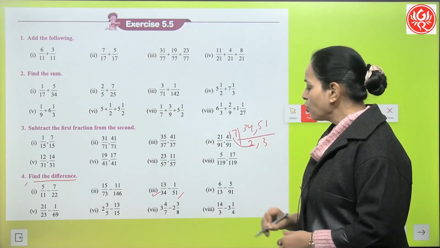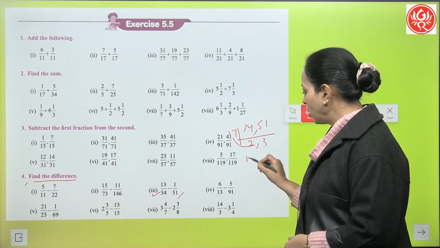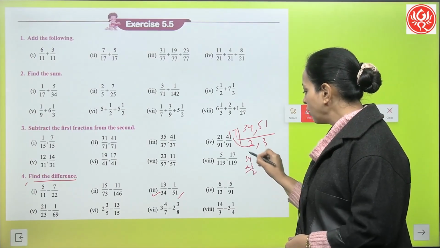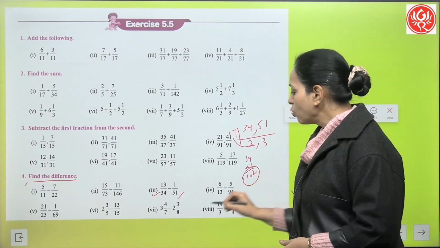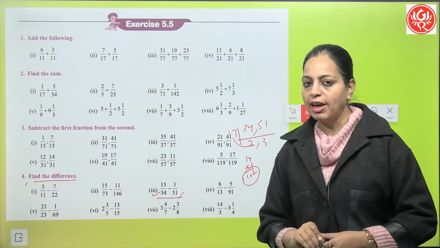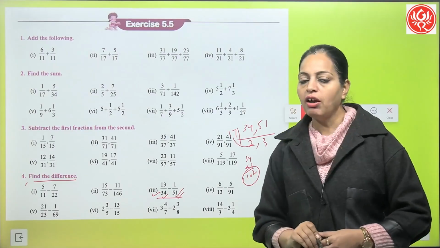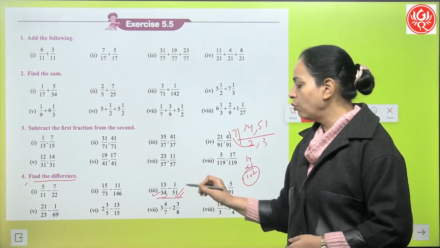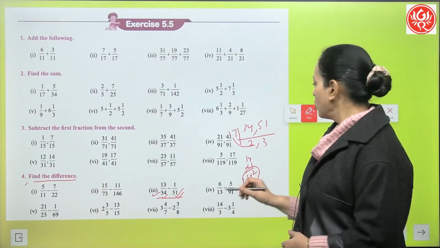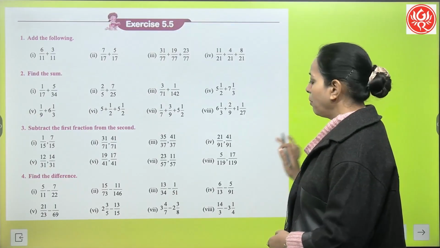So 17 into 2, 34 into 3, so this is 102. So 102 is the LCM. We will take the LCM, change the denominators into 102, then we can do the subtraction. Similarly, you can try the remaining parts.